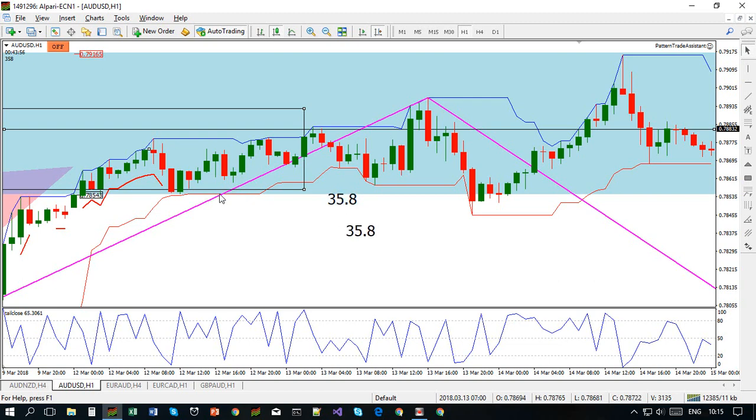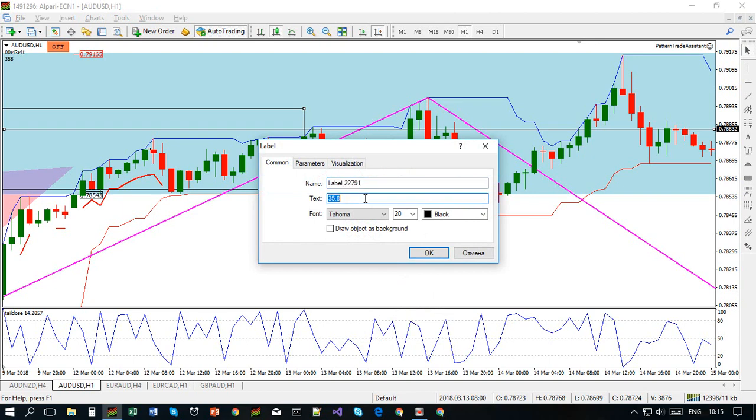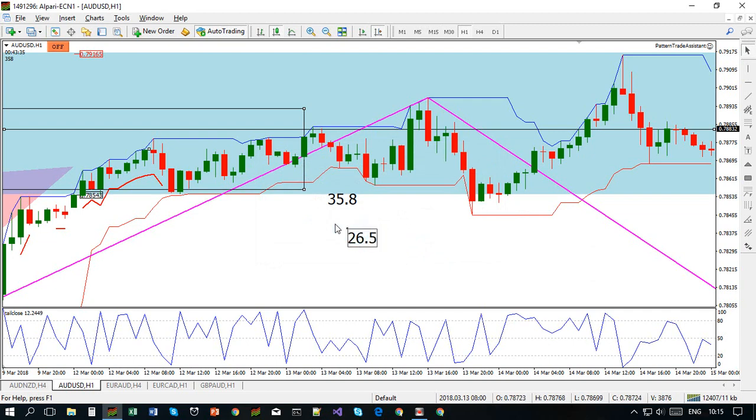So what is my loss right now? It is 26.5 pips. You see? So what I actually did, by trailing the stop, I cut my losses short.